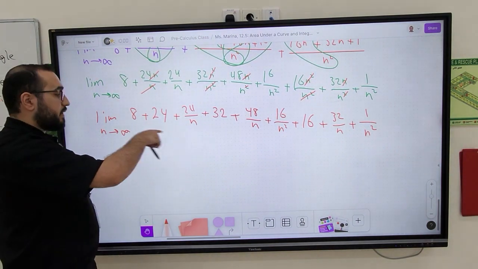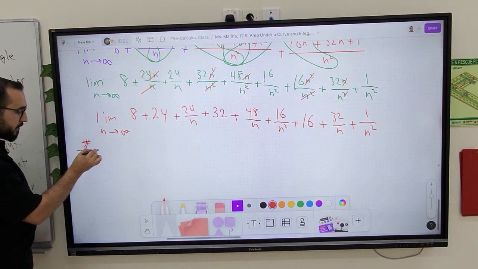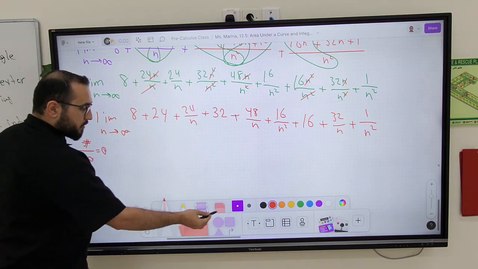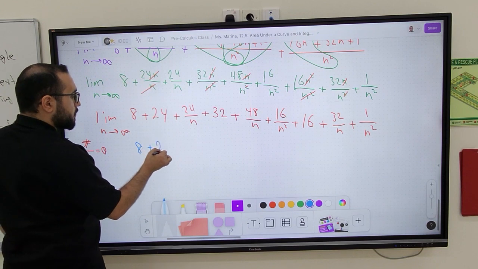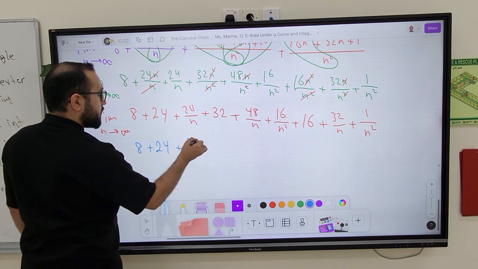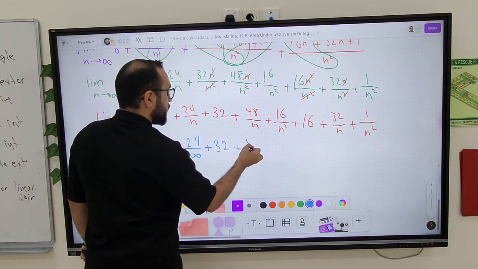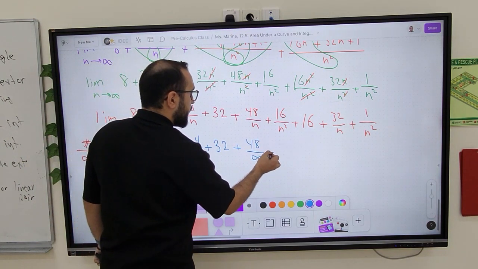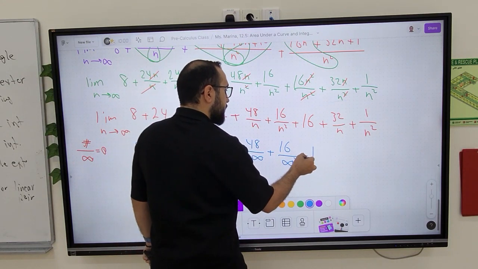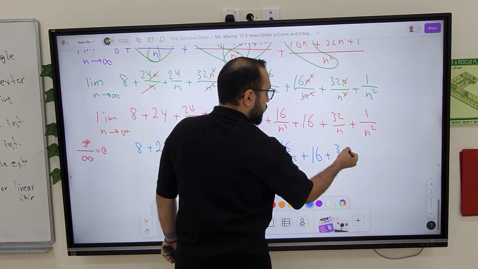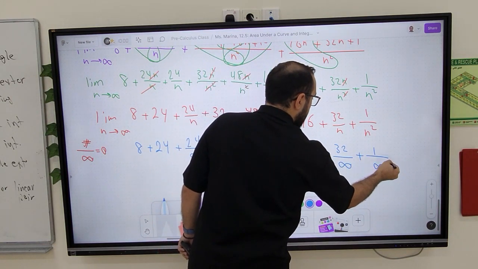Now let's substitute every n with infinity, and you know that any number over infinity is equal to what? 0. So now 8 plus 24 plus 24 over infinity plus 32 plus 48 over infinity plus 16 over infinity squared plus 16 plus 32 over infinity plus 16 over infinity squared.